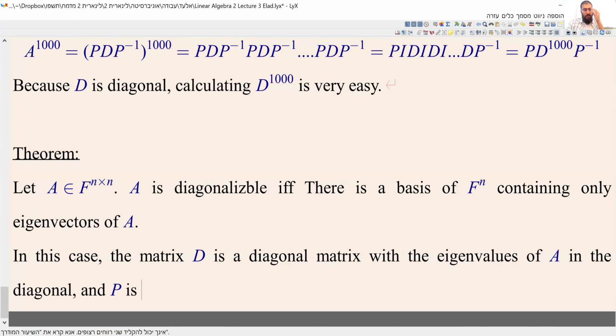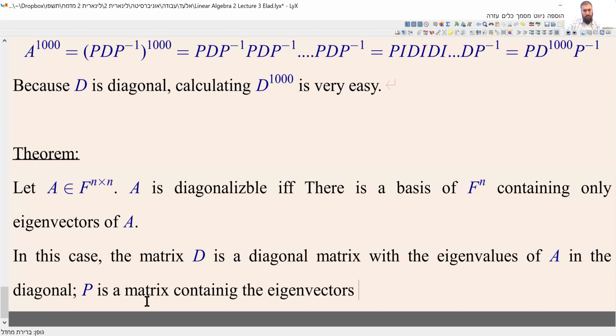And P is a matrix with columns; P is a matrix having the eigenvectors of A in its columns, respectively.